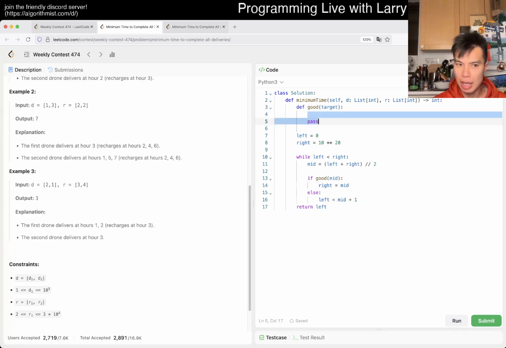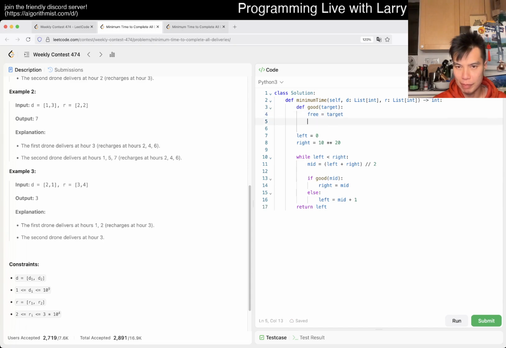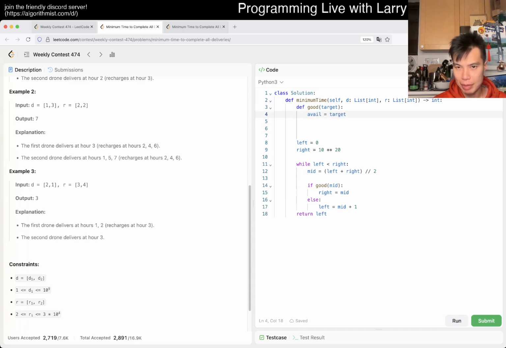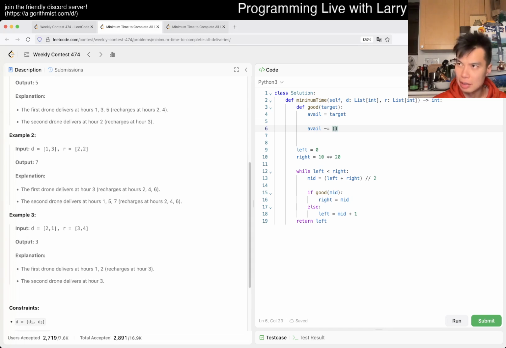Okay, so now, how many of them are recharges? Basically that's just, okay, 3 is equal to target, or available maybe. And then we subtract the number of hours. So it charges at 2. So if it's 6, it's 6 divided by 2.